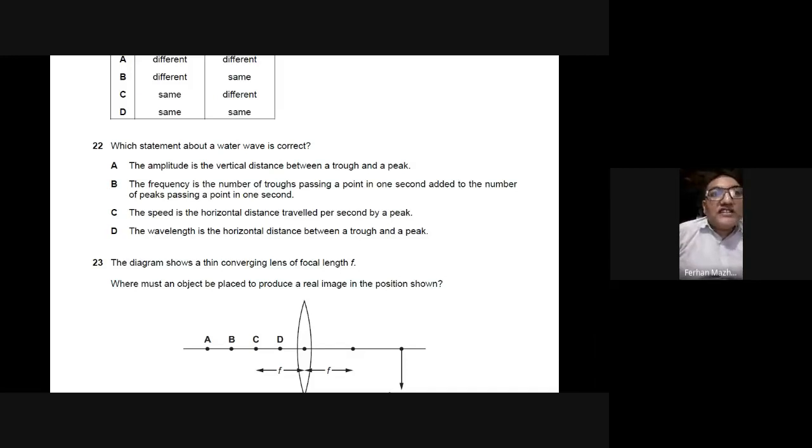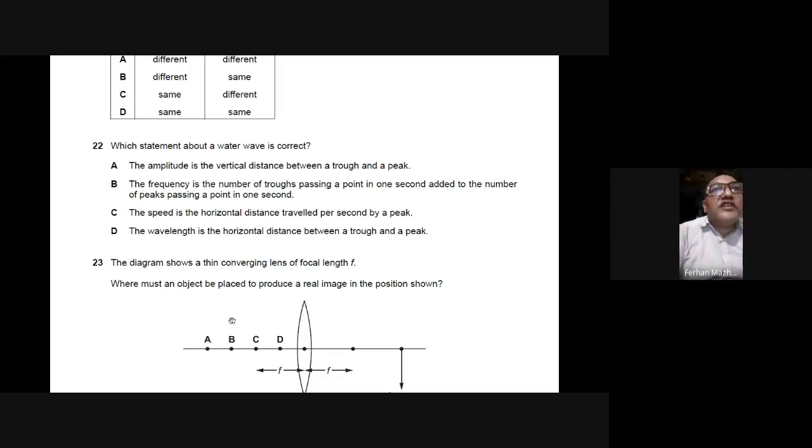That's wrong. C says the speed is the horizontal distance traveled per second by a peak. That is right. D says the wavelength is the horizontal distance between a trough and a peak. That's wrong, because the wavelength is the horizontal distance between a trough and a trough, or a peak and a peak. So C is the option. The speed is the horizontal distance traveled per second by a peak.